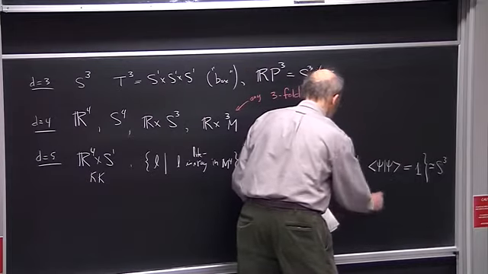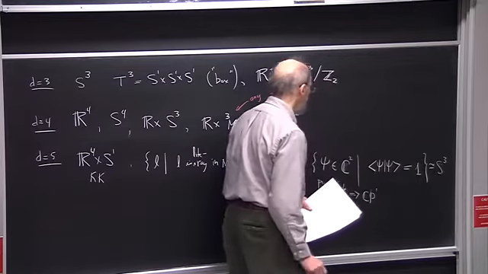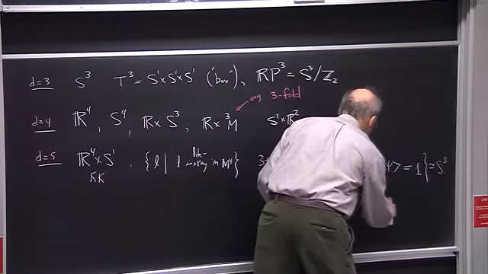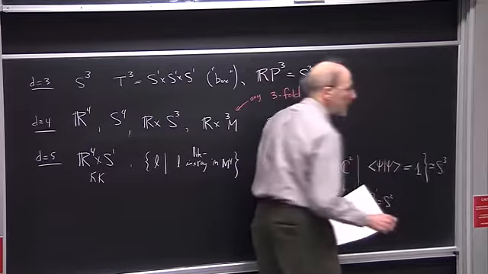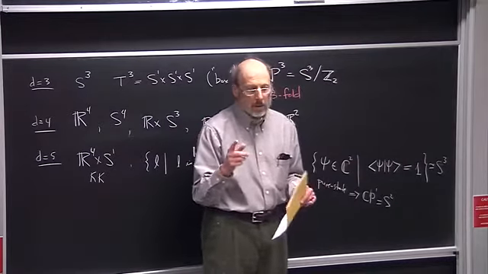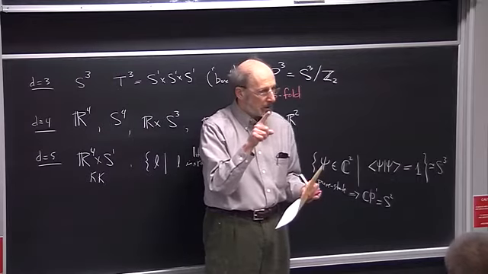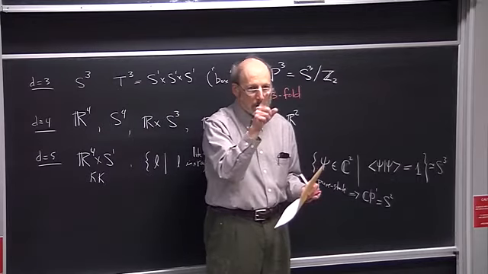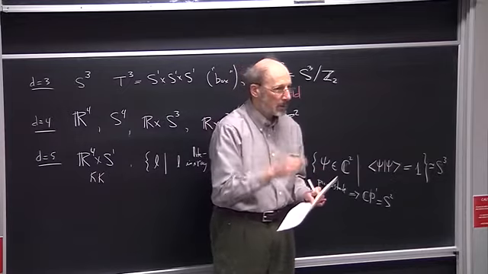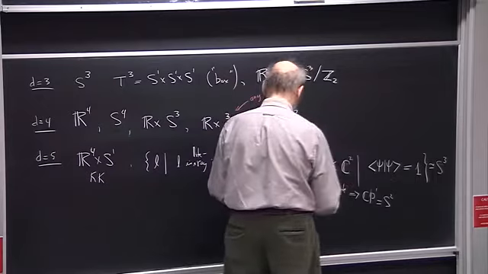It's called CP1, but it's really just the two-sphere in this case. Most people are familiar that the set of pure states of an electron, for example, forms a two-sphere, because once you specify which direction the spin is up in, that specifies the state totally. And then there's a whole family of spaces like this.